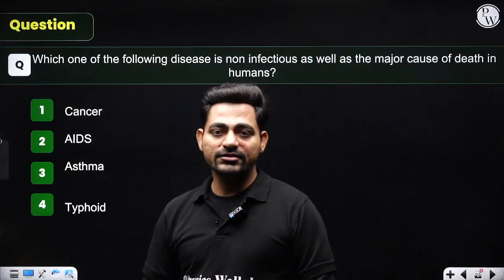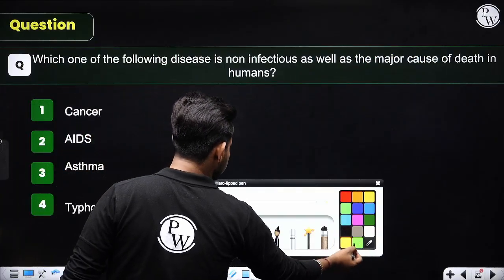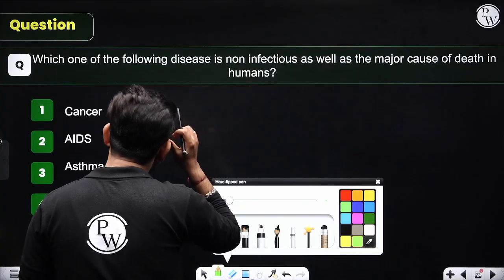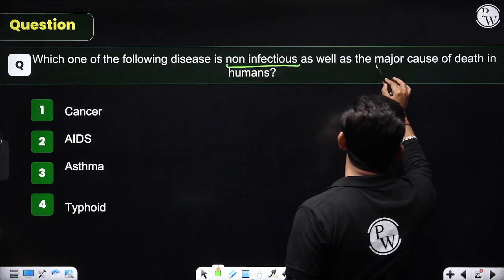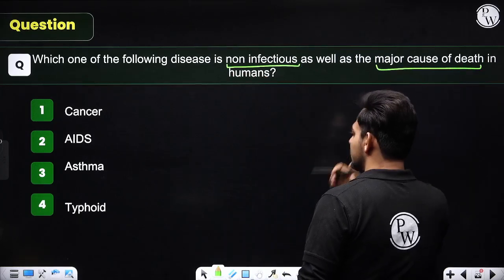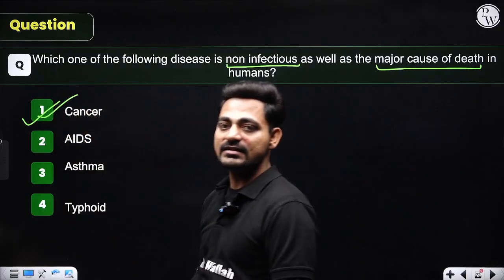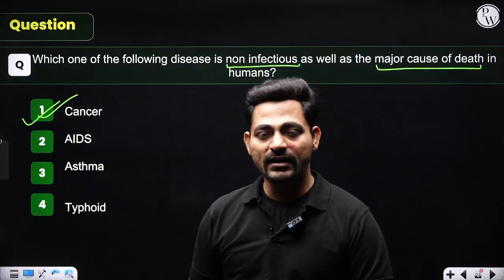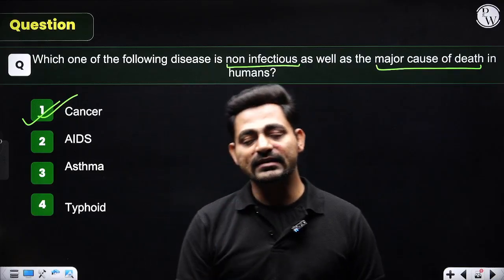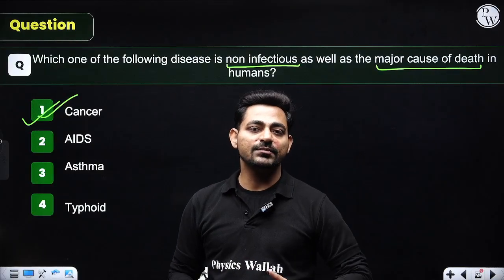Okay, now let's solve this question. The question asks which one of the following diseases is non-infectious as well as a major cause of death in humans. The answer will be cancer. Cancer is a non-infectious disease and a major cause of death, and AIDS is an infectious disease that can be fatal.